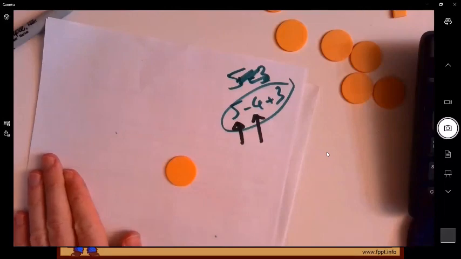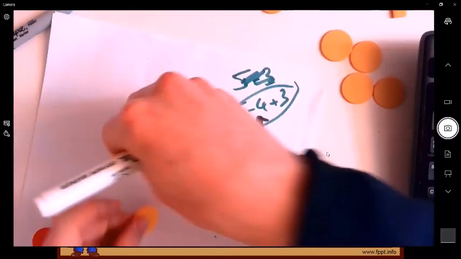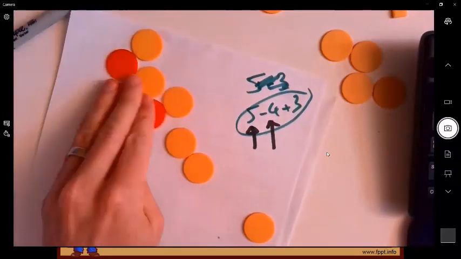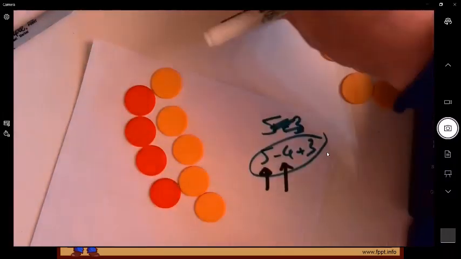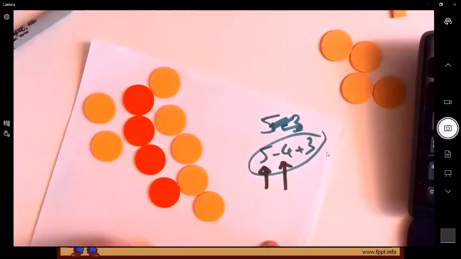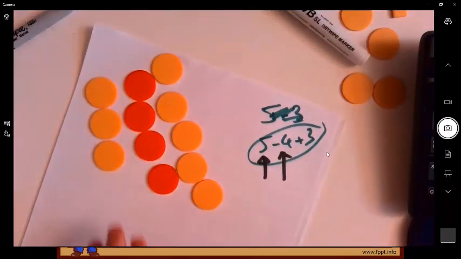So if we did say 5 and -4 and then a +3, so I'll just put those back actually. Excellent. And then have another 3. If I put them there, I know I've done them left to right, but that is confusing.